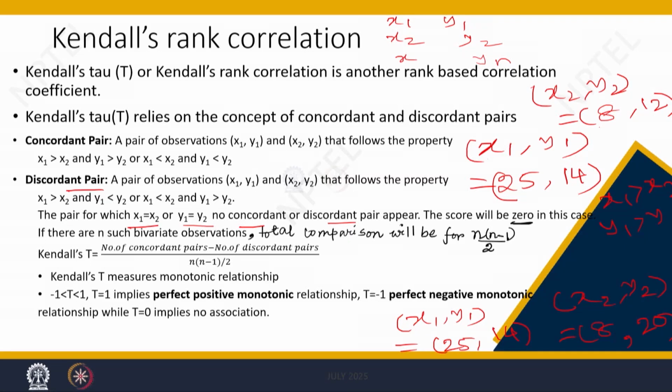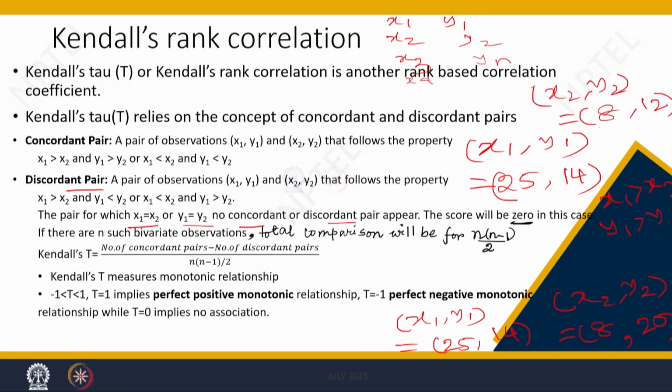You have to check that x1 greater than x2 implies y1 greater than y2 or y1 less than y2. Then think about the pair x1, y1 and x3, y3, then x4, y4, up to xn, yn. For every pair we are making the decision: well, x1 is bigger than x3.